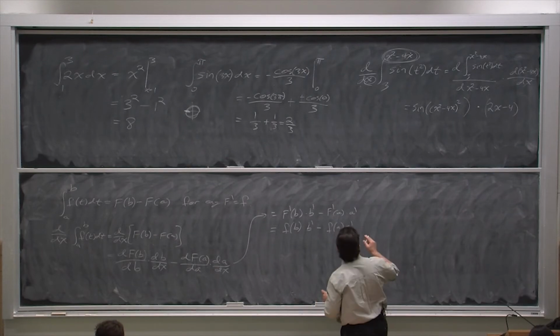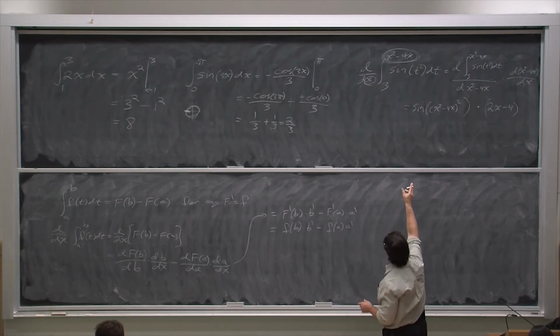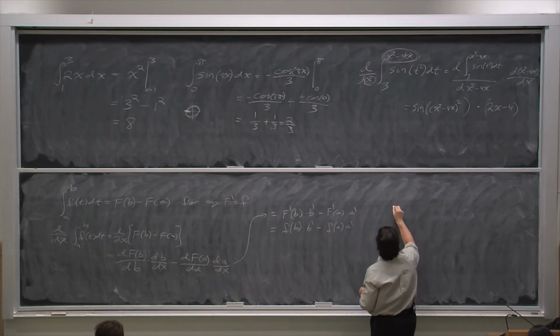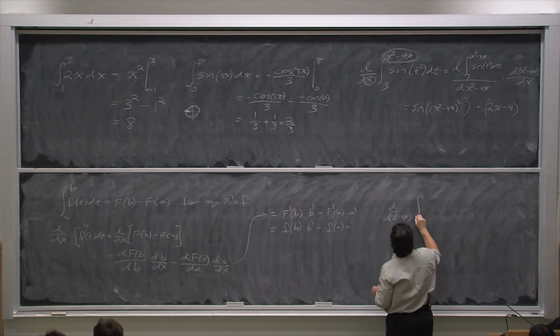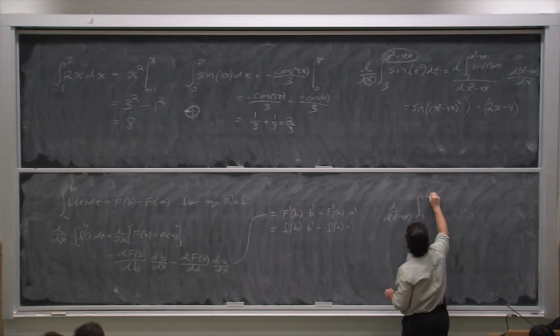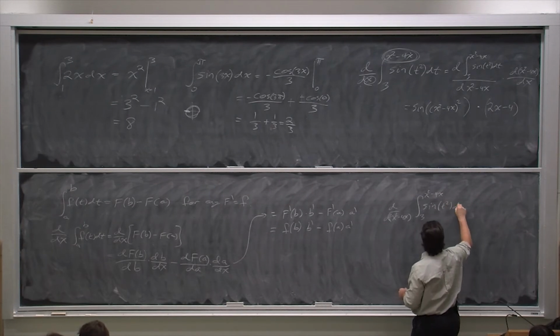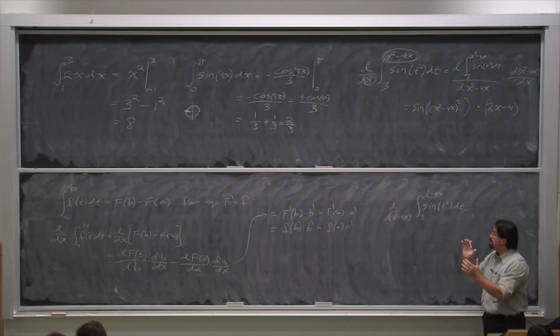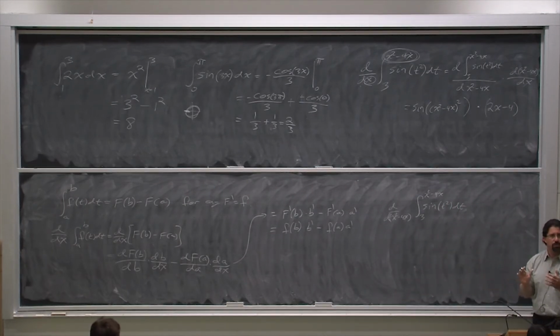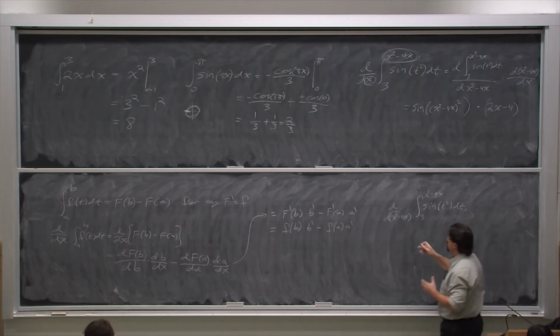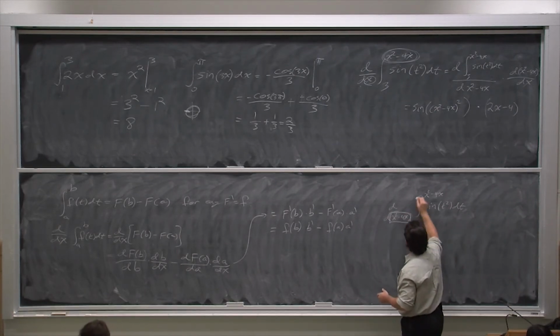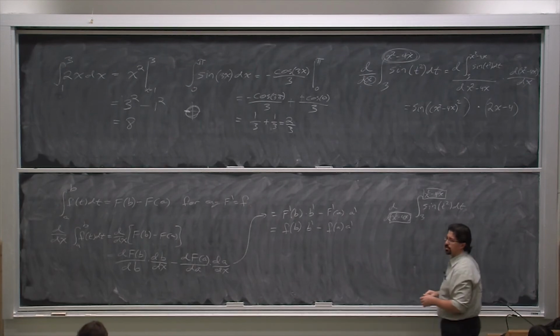So when we go back to a question like what we have above, if I have the derivative with respect to x squared minus 4x of the integral from 3 to x squared minus 4x of sine of t squared dt, so I'm looking at just that little portion of it, all I'm doing is taking the derivative with respect to the box.